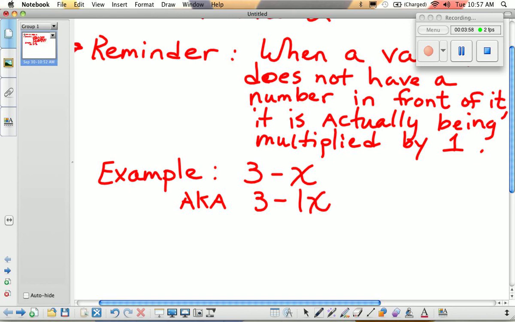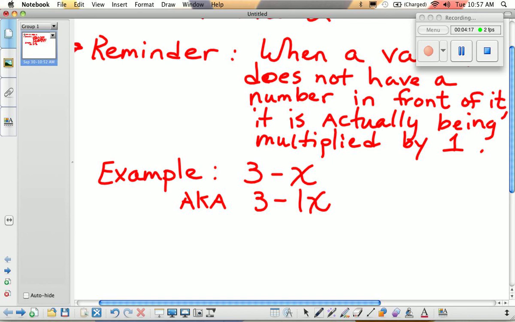We're going to slip that 1 in there. It really is just invisible. Just like when we have 1x written, we don't show the multiplication sign, but we know there's really multiplication going on there.